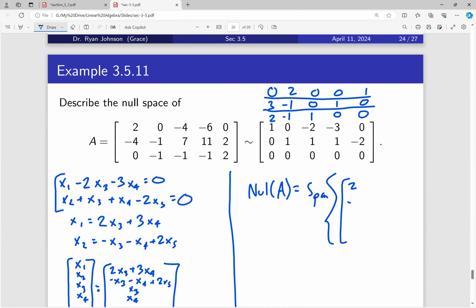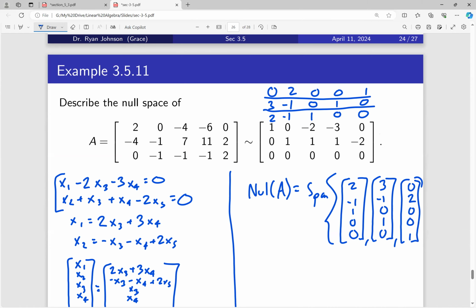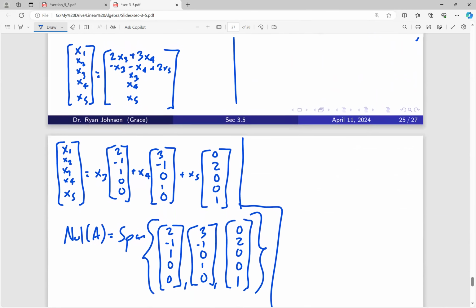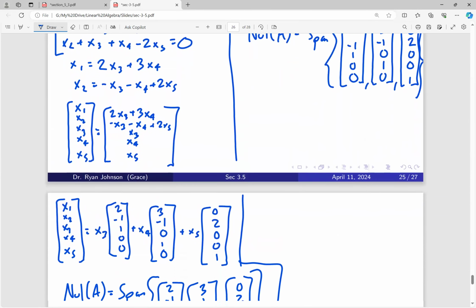So 2, -1, 1, 0, 0, and 3, -1, 0, 1, 0, and 0, 2, 0, 0, 1. And those are the same vectors. They're the same.